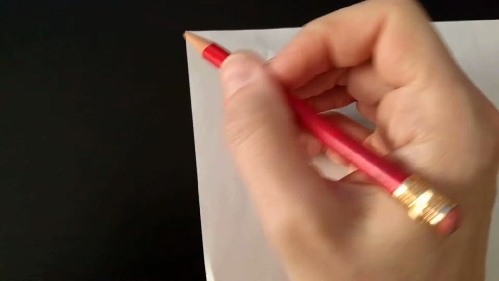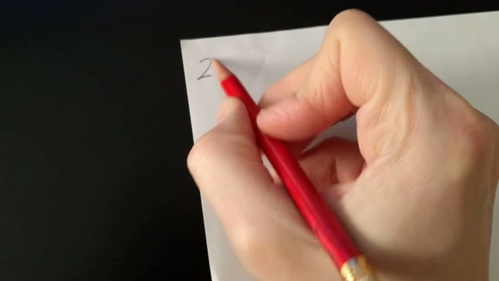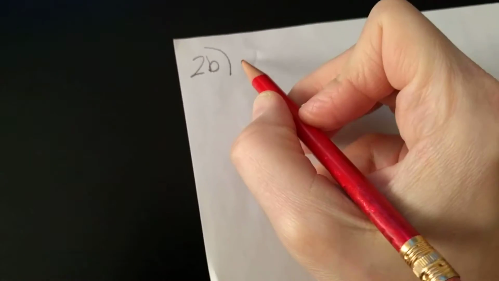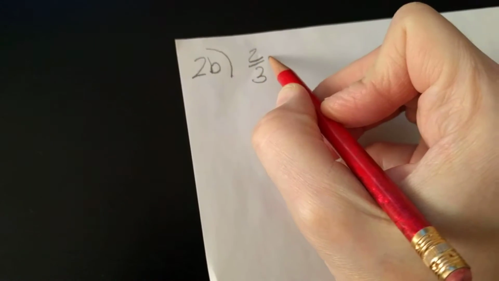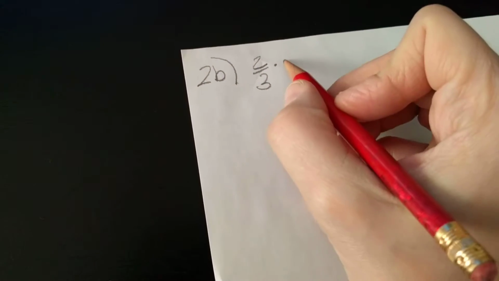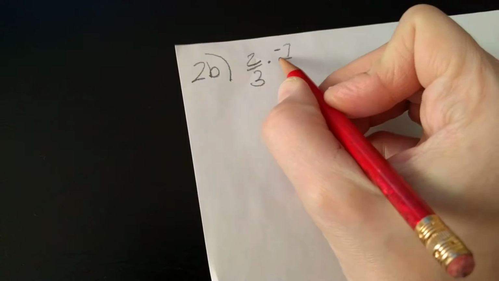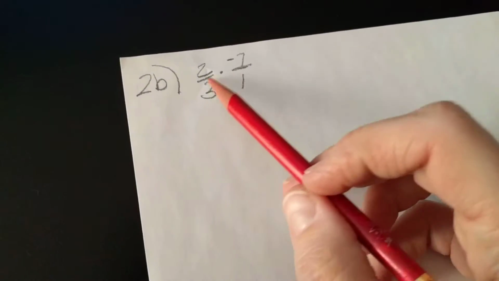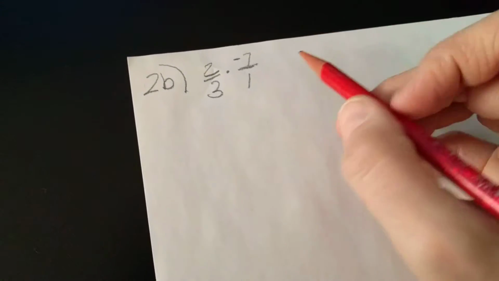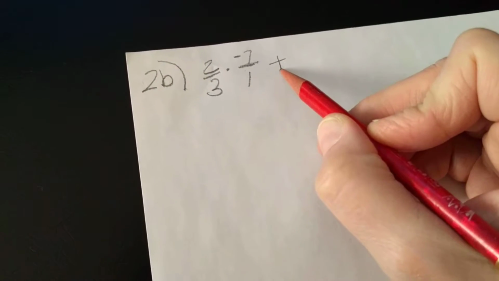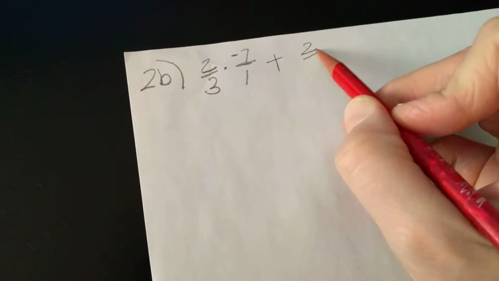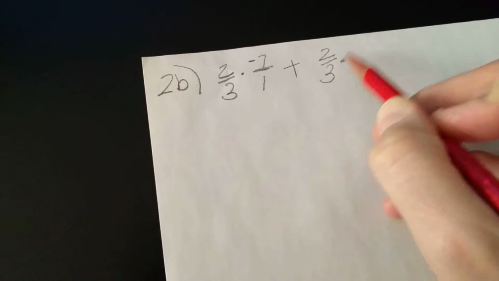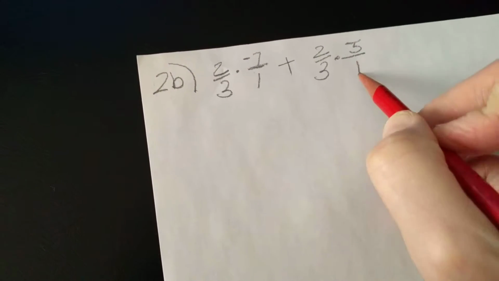Let's go to B. So 2B, we have 2 over 3 times negative 7. I know it's not written this way on your paper, but I'm just going to put negative 7 over 1, so they both look like fractions, plus 2 over 3 times negative 5 over 1.